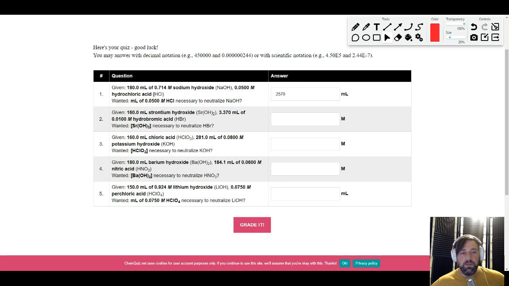Figure out the number of moles in whatever the other thing is that you're looking for. So in this case, we're looking at the base. Figure out the number of moles here. Remember that you need an equal number of moles to neutralize it. This is basically stoichiometry. So we have done that.